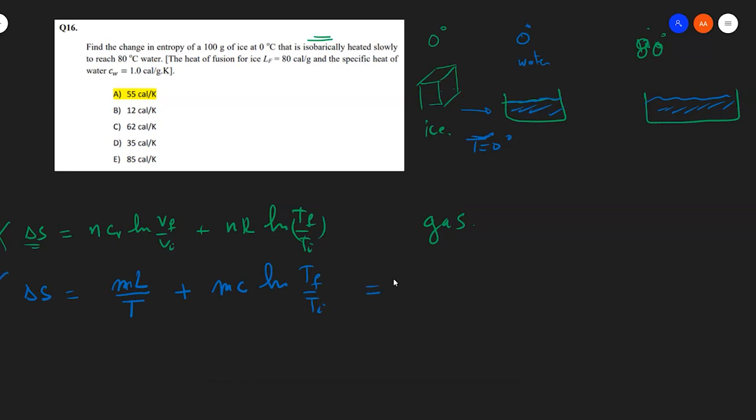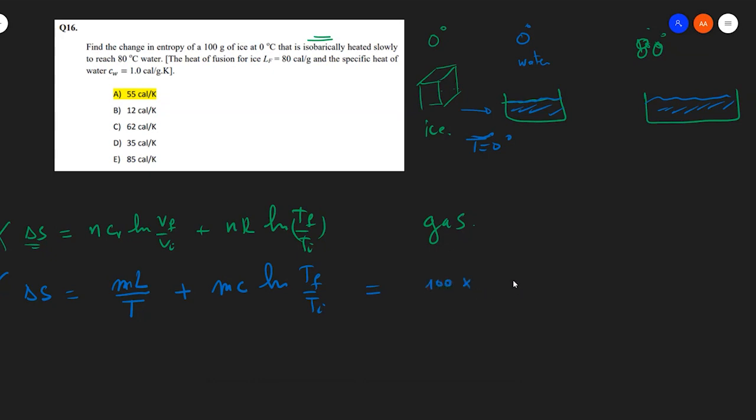This relation is okay, we can use it. And as I said, it's plus, not minus, because we are heating, so the system is gaining heat. The mass is 100 grams, so we need to use the international unit, right? Do you agree with this?